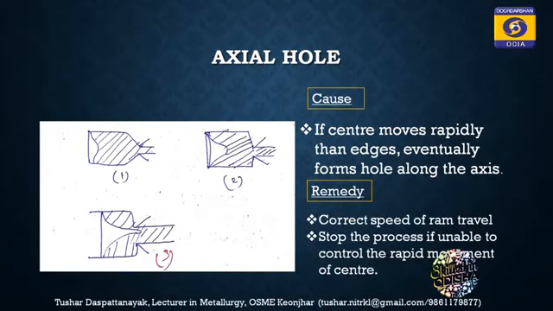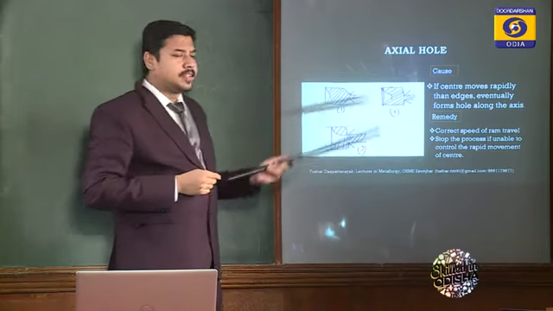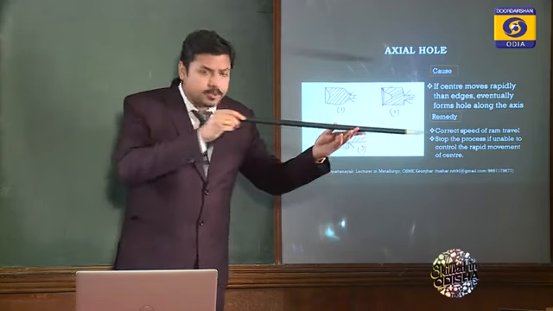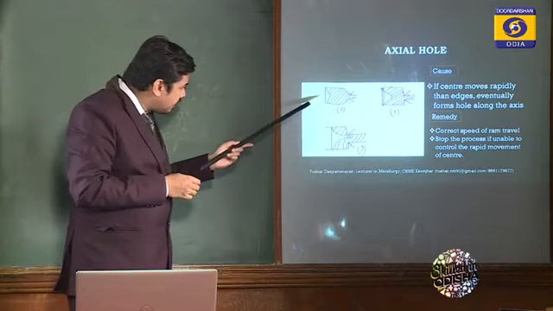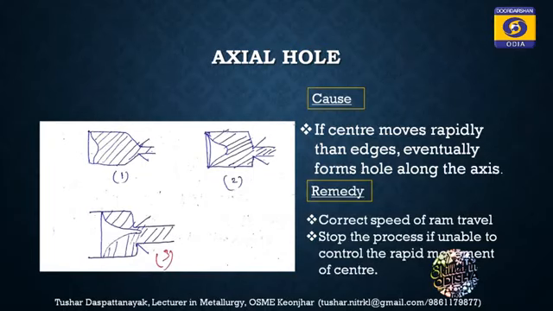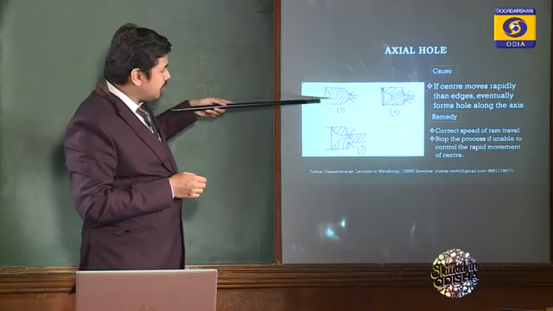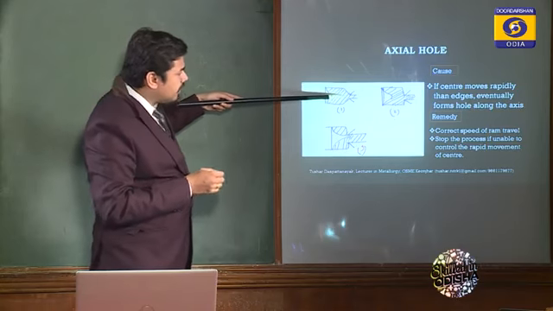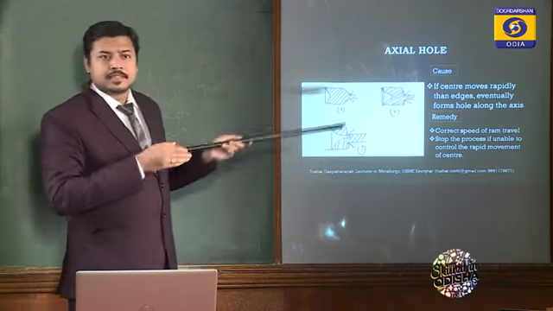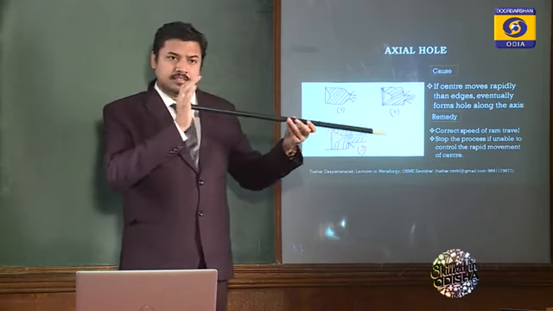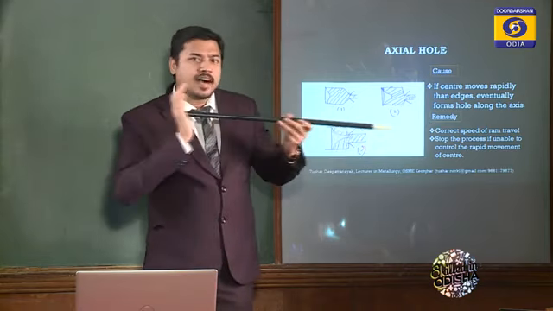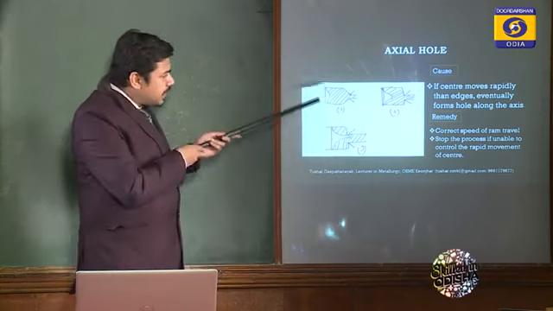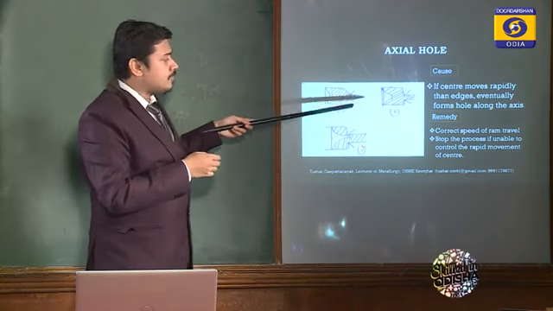As the name suggests, axial hole, there is a hole along the axis. What is the cause of it? If center moves faster than the edge, if this is the die, this is the billet, and you apply force from this side, and the center moves faster than the edge, like suppose my ram travel is faster, my ram speed is faster, I am pushing harder, that means my center will move faster and eventually it will form a hole.